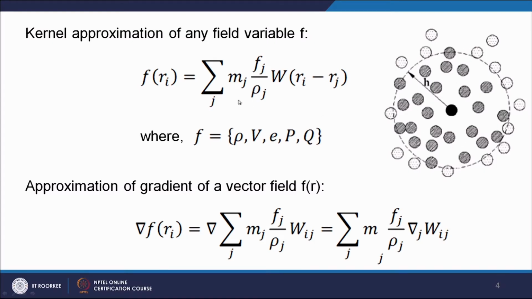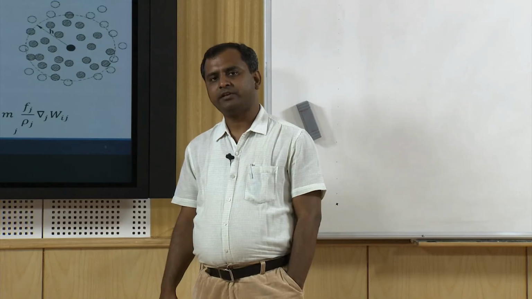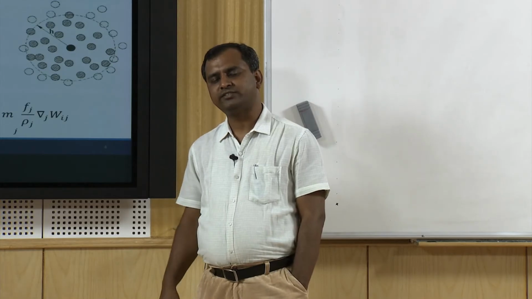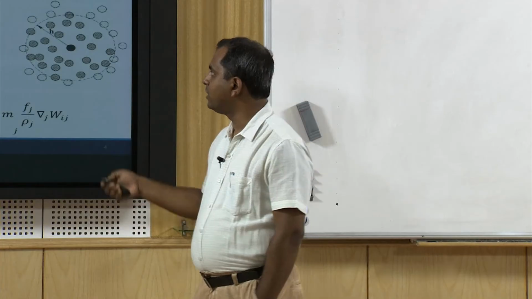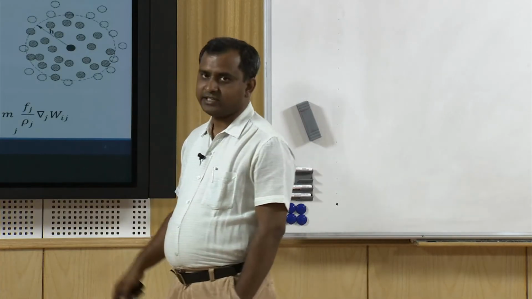So, the mass of the jth particle multiplied by the field of those neighboring jth particles, divided by rho j, the density of those jth particles, multiplied by some smoothing function W. The smoothing function depends on a parameter which is nothing but the mutual distance between the particle of interest and the neighboring particle. So, Ri minus Rj, right.